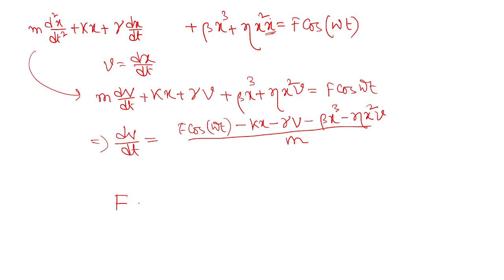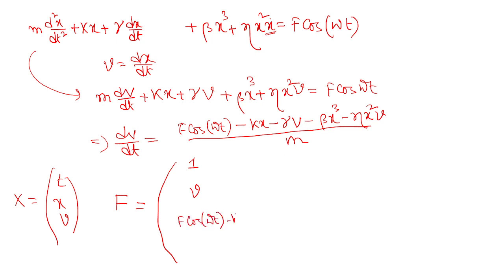So what will be our f matrix? It corresponds to however you are defining your x, t, v, or you can define it another way; then you just change the rows of this f matrix. The first one is 1, the second one is dx/dt, which is v always, and dv/dt is f cosine of omega t minus kx minus gamma v minus beta x cube minus eta x square v, divided by m.